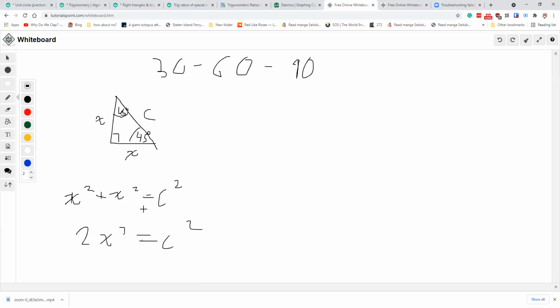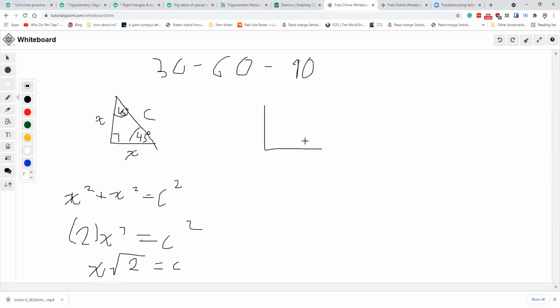Well, the square root of x squared is equal to x, because we can't have a negative one, right? Even though negative x times negative x is equal to x squared, you can't have a triangle where one of the sides has a negative length. So we have x times, well, what is the square root of 2? It's not a number we can write very nicely, so we just write it as this. x root 2 is equal to c.